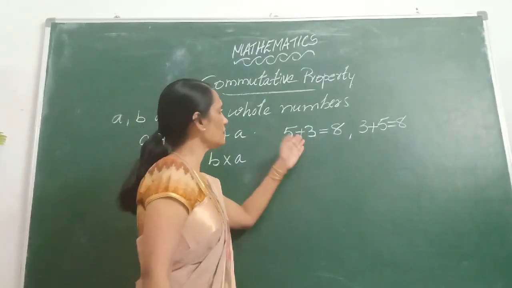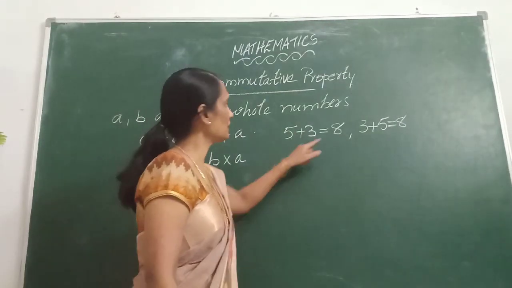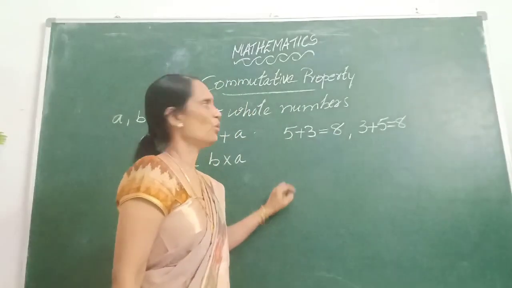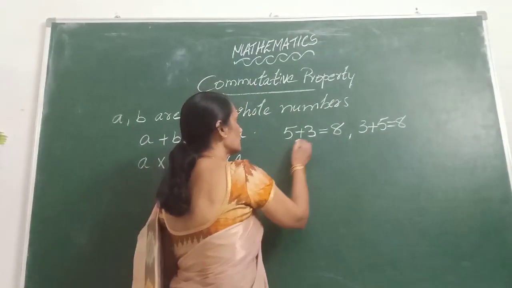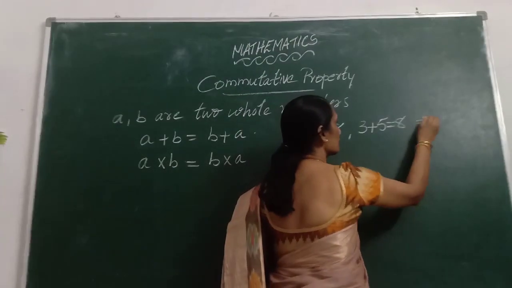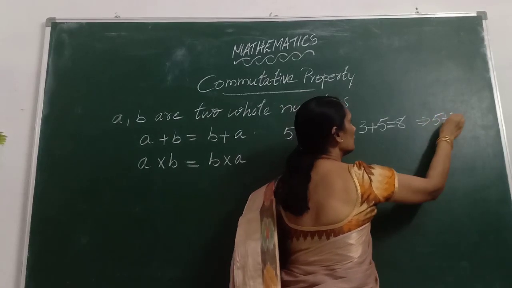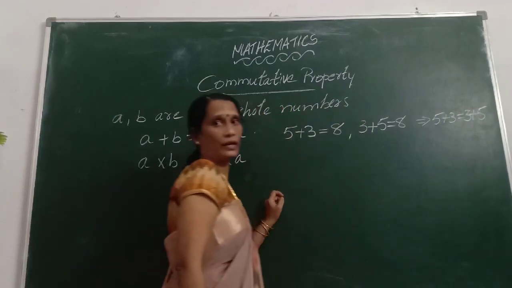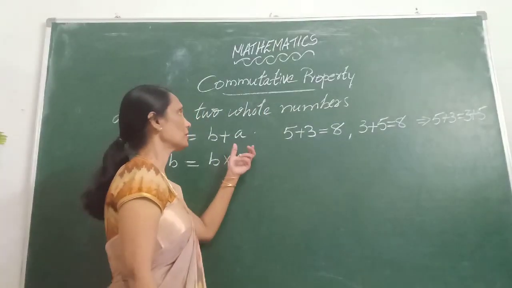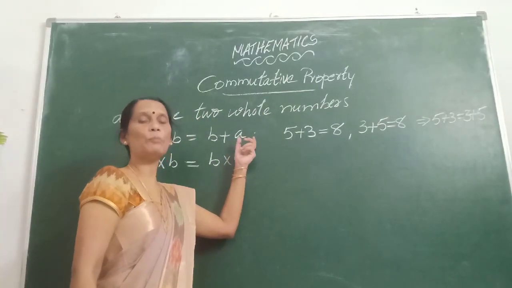So when we change the order, does the result change? No. 5 plus 3 is 8, 3 plus 5 also 8. That implies 5 plus 3 equals 3 plus 5. So we say that addition is commutative.